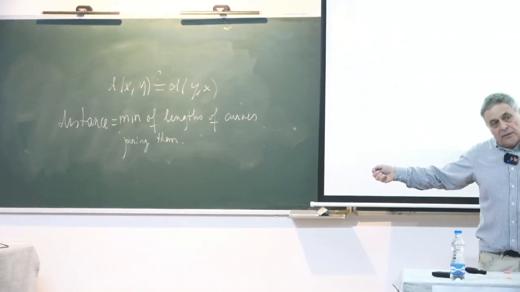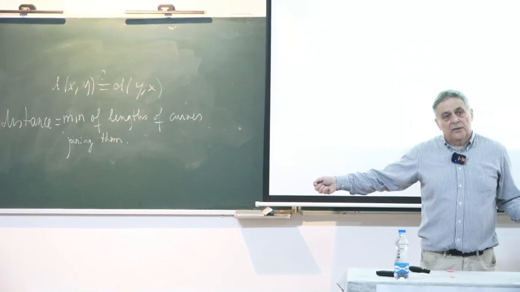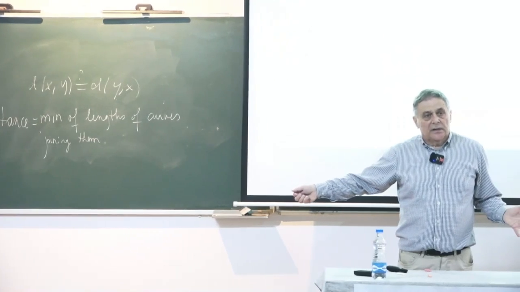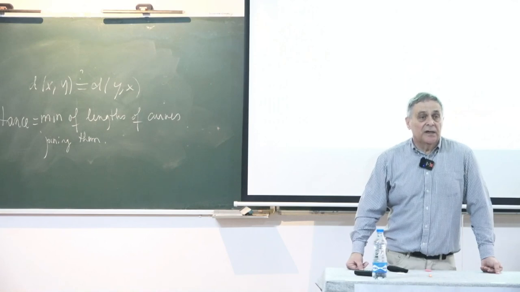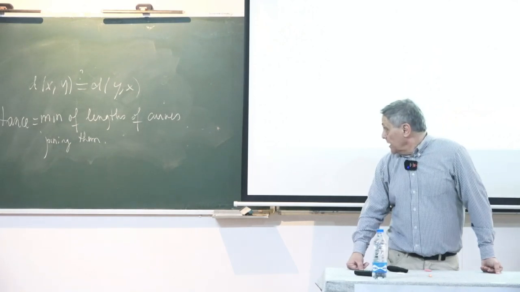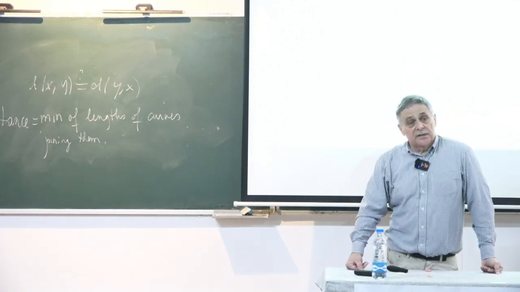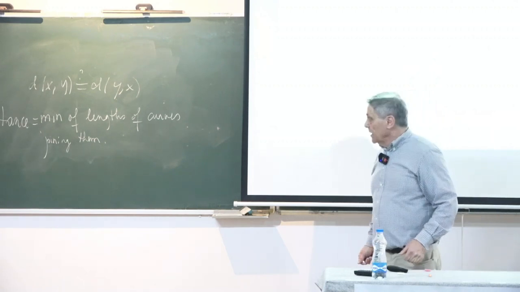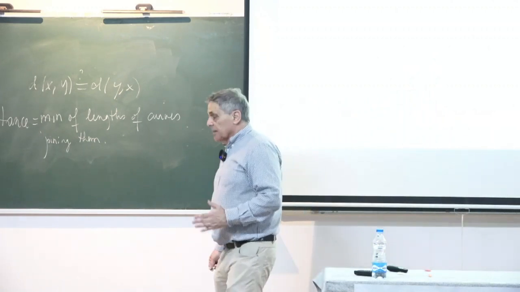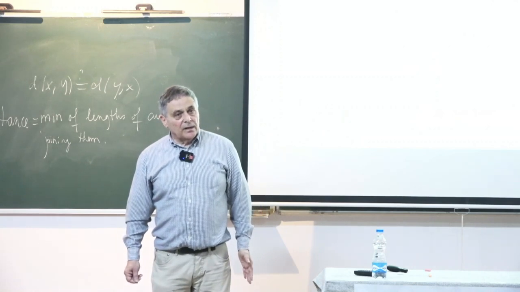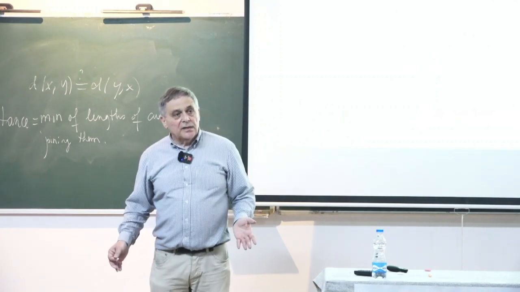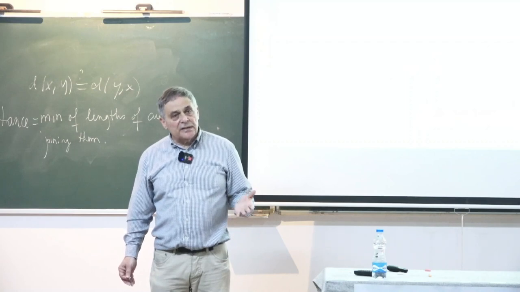So I didn't tell you anything important about this metric yet, because now you'll ask me, okay, but how do we measure the length of curves in some space, like in this Thurston metric? Well, this is where the name Finsler comes in. You have a differentiable manifold.